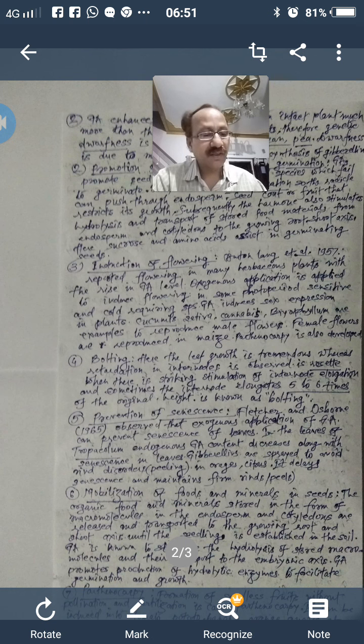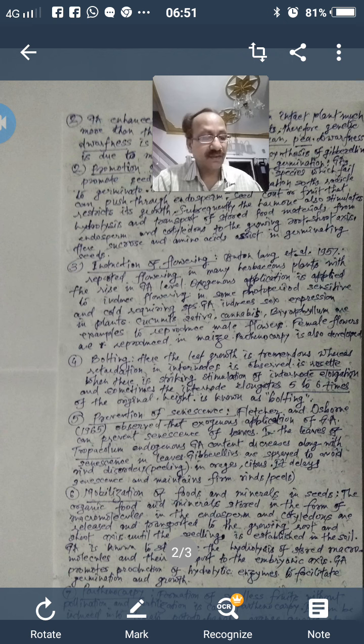Sixth, prevention of senescence. Fletcher and Osborne in 1965 observed that exogenous application of GA can prevent senescence of leaves. In the leaves of Tropaeolum, endogenous GA content decreases along with senescence.